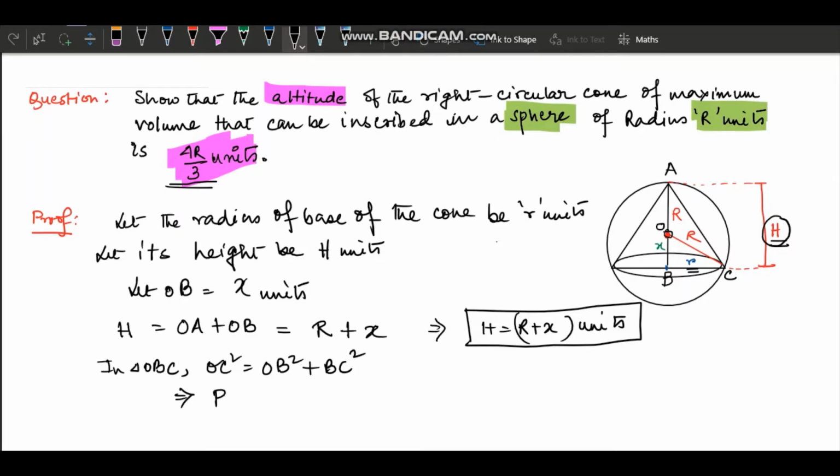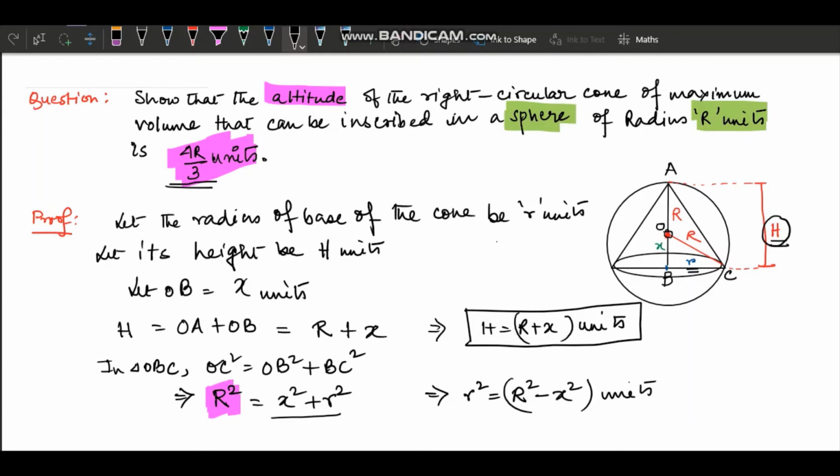OC is capital R. We can write R square equal to x square plus small r square. So you see, I am writing this small r square again in terms of x, and of course this capital R is given to us because this is the radius of the sphere and it is fixed, it is not changing. So we can write small r square as capital R square minus x square.